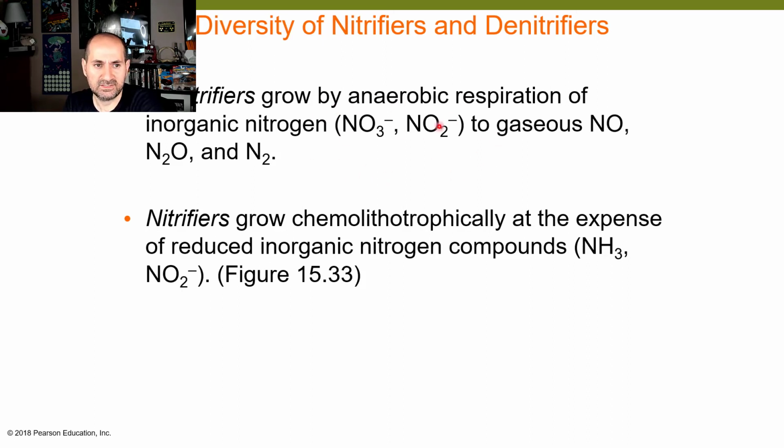Instead of how you and I breathe oxygen, they breathe nitrate and nitrite. Nitrate and nitrite are their terminal electron acceptors. They use up nitrates and nitrites. And that's why they're called denitrifiers, because they end up removing these useful molecules from the soil, right?